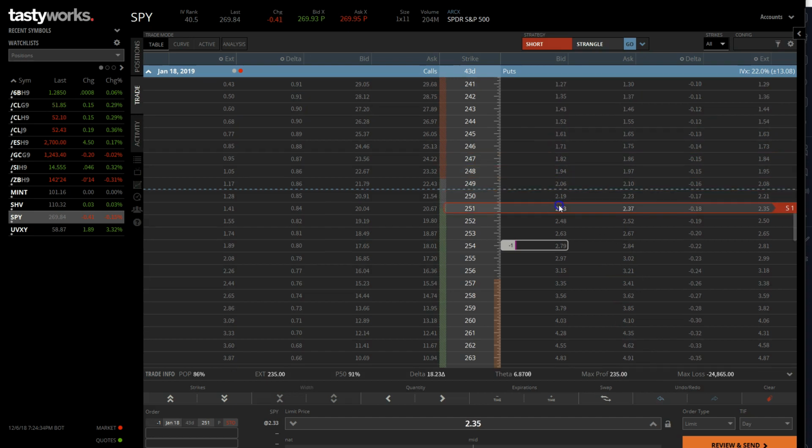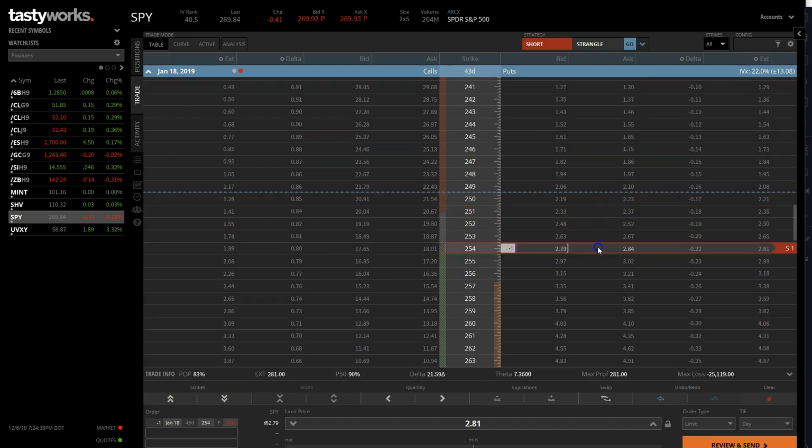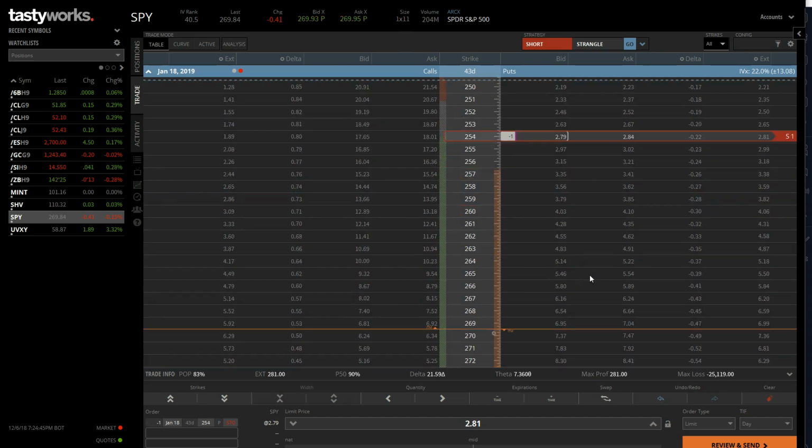But let's stick to the example that I did, and I chose the 254 strike. Why that strike? Well, it depends on what you want, in terms of if you're using charts, or if you're using probabilities, or if you just want a specific credit, then it's up to you.